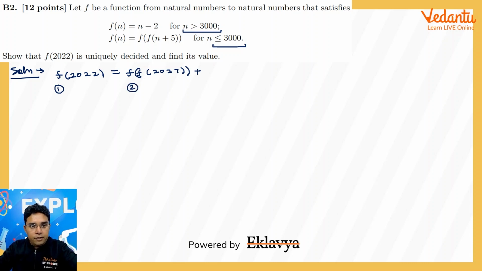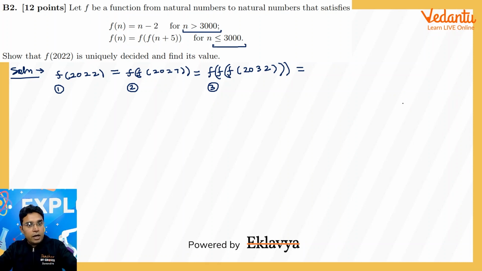Now once again, if I use this same thing, we will be getting this to be equal to f(2032). And in this case, f is appearing 3 times. Now everybody please see, if I keep on doing it this way, and just have patience, I think this will give you the answer directly.